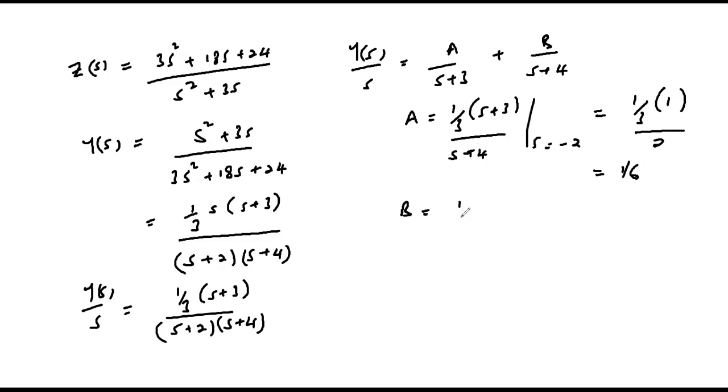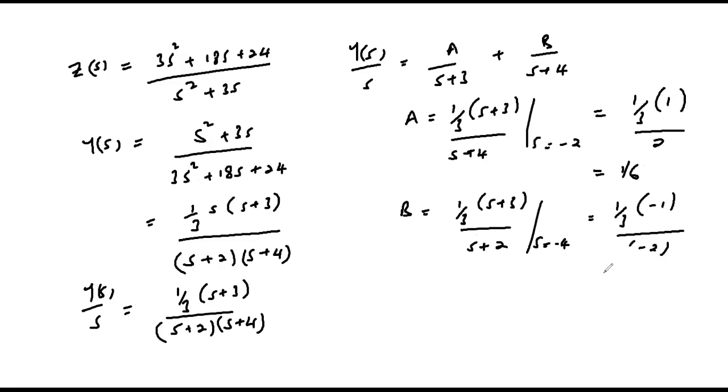Our B is a third into S plus 3 over S plus 2 when S is -4, which gives us a third into -1 divided by -2, and this will give us a sixth. That means our Y of S over S will be 1 over 6 over S plus 2 plus 1 over 6 over S plus 4.